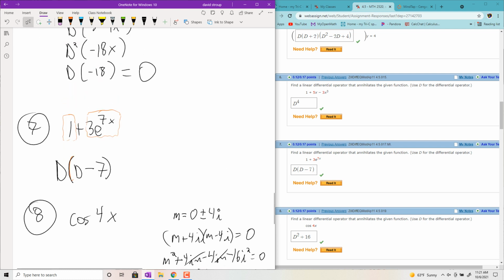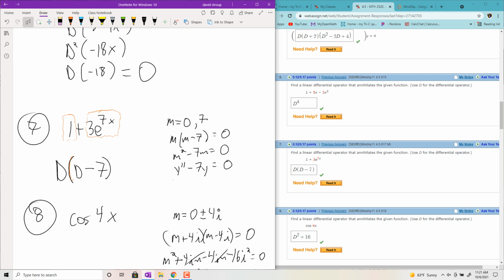You can even back engineer number 7. Here the roots of your characteristic equation must have been 0 and 7. So you could rebuild it: m times m minus 7 equals 0. In other words, m squared minus 7m equals 0. So that must have come from the differential equation y double prime minus 7y prime equals 0.